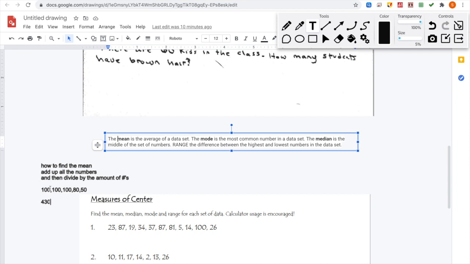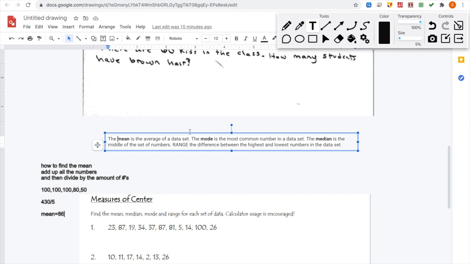So we added 1, 2, 3, 4, 5. So we would divide by 5. The mean, or the average, would be 430 divided by 5, which will give us 86. So his average score, or his mean score, would be an 86.